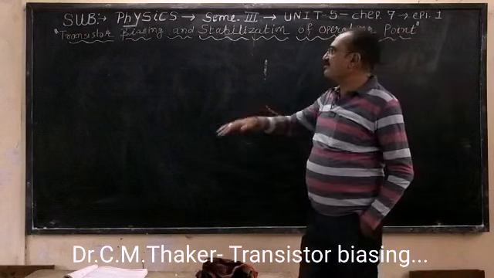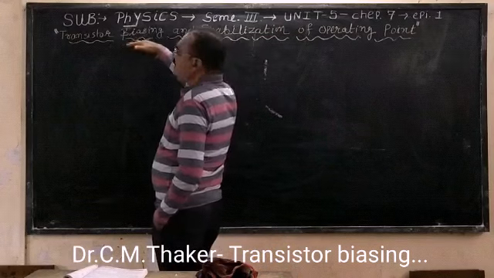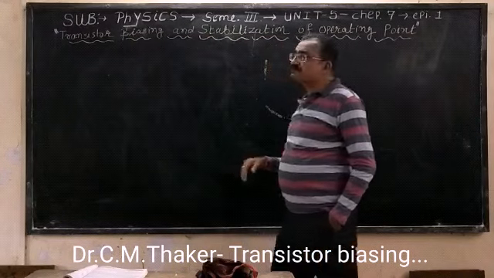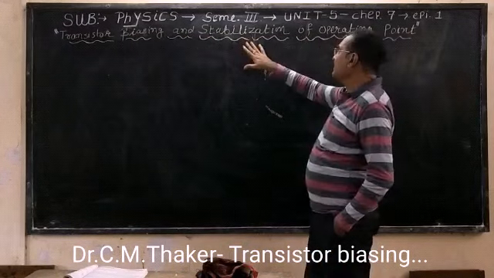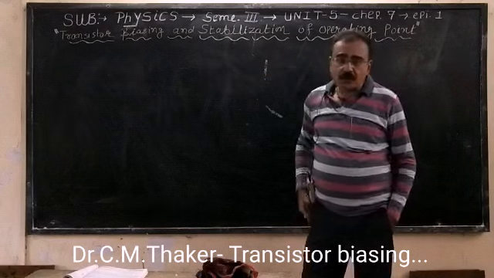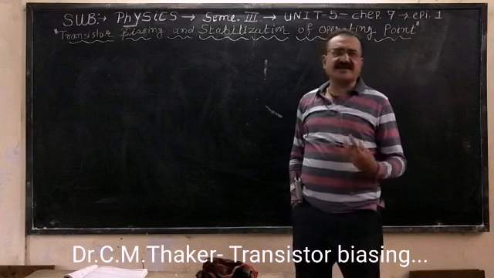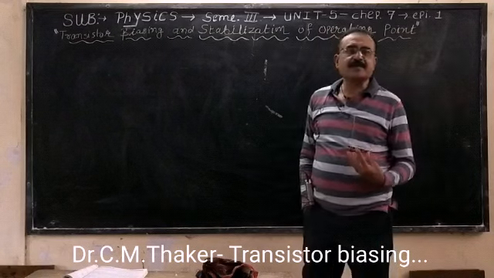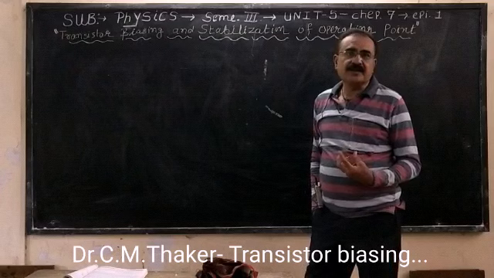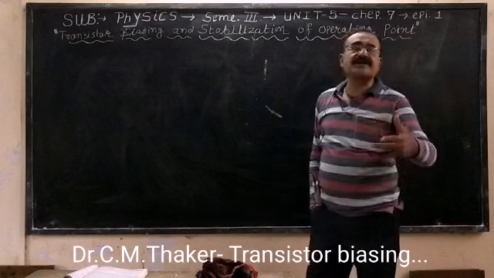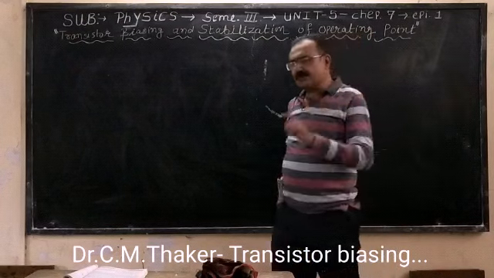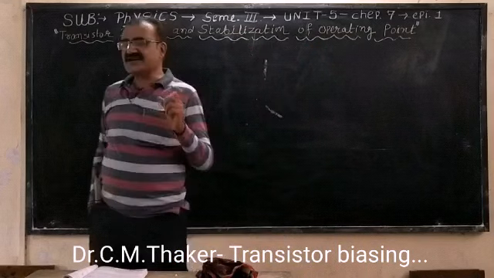That is why the name is transistor biasing. And the second thing is stabilization. So obviously we will choose a circuit that has stability, and the stability factor has vital importance for any kind of transistor biasing circuit.